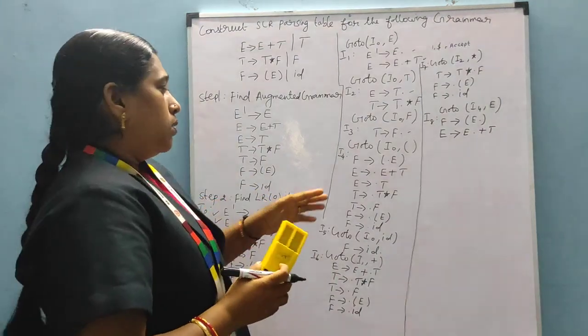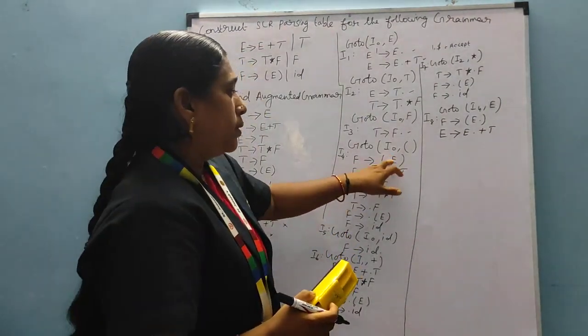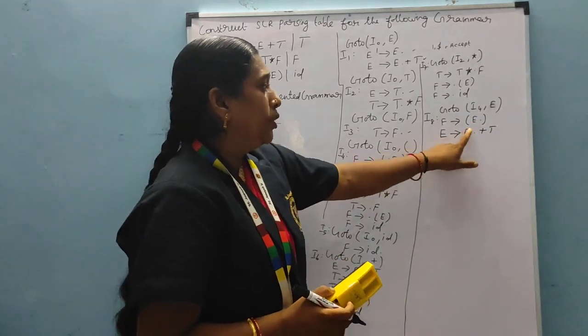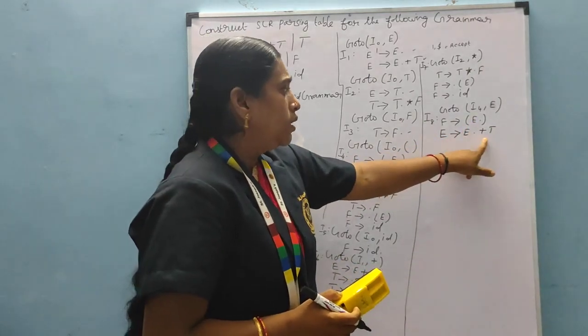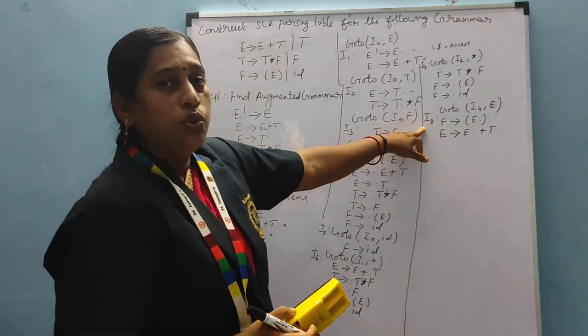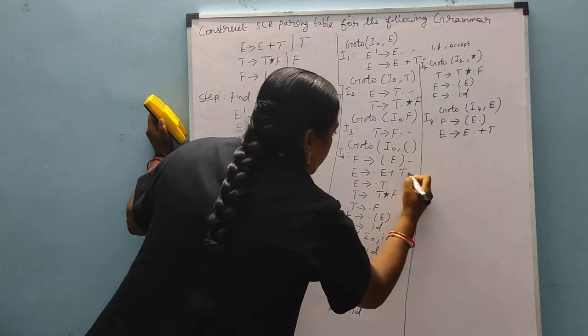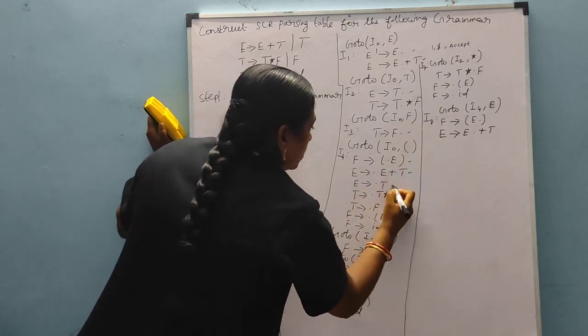Because there is one more production with the E, two productions are present. So I am writing two productions. Now check whether after the dot, only a terminal is present. So this is the new state I8. This one completed, this one completed. Now this one, yes.